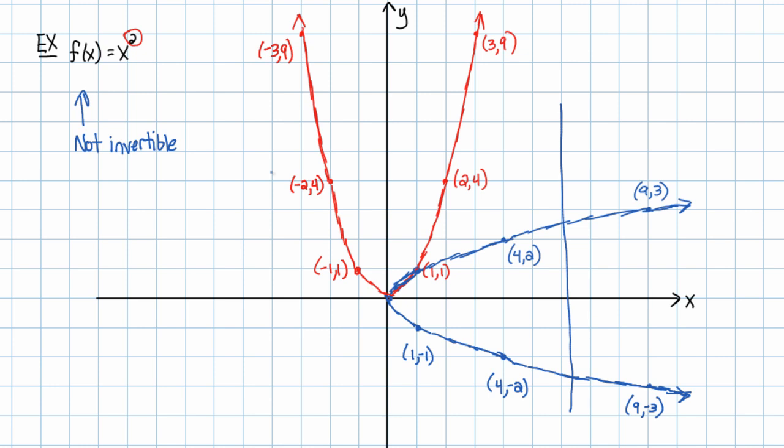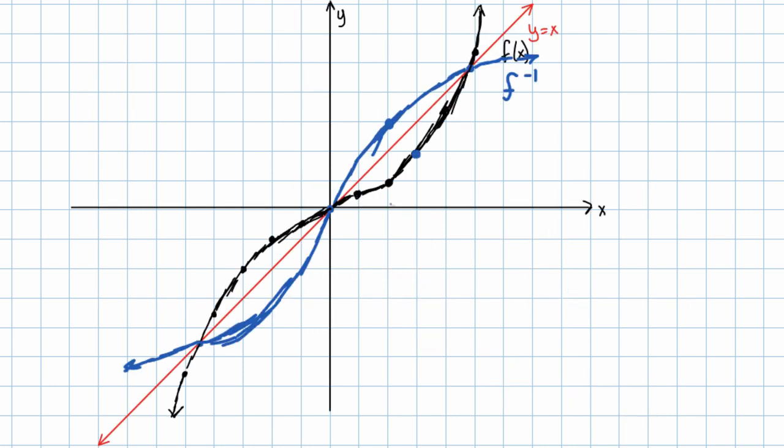Is there an easy way to determine whether a function is not invertible? Well, if you have the graph of a function, it's super easy. You know a function's invertible if every y value, like this y value right here, leads to only one x value.